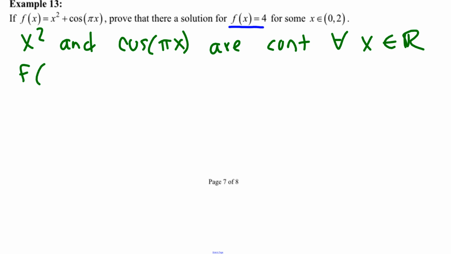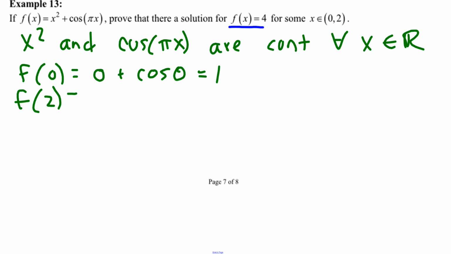F of 0 would be 0 plus cosine of 0 equals 1. F of 2 would be 4 plus cosine of 2 pi, which is 1, so that's 5.